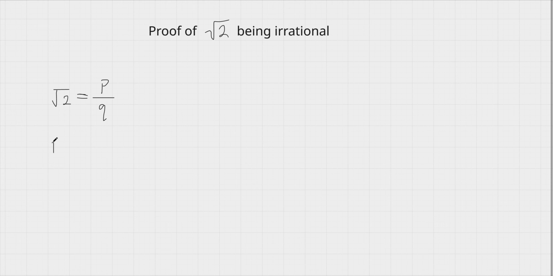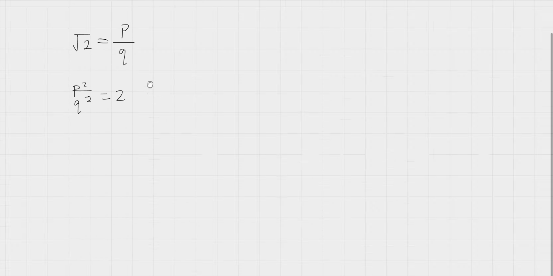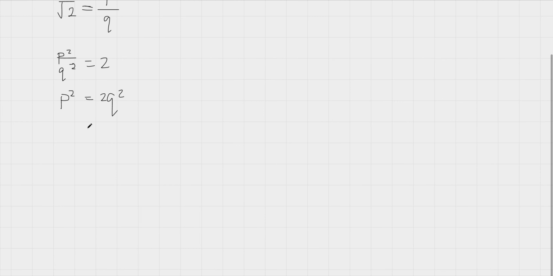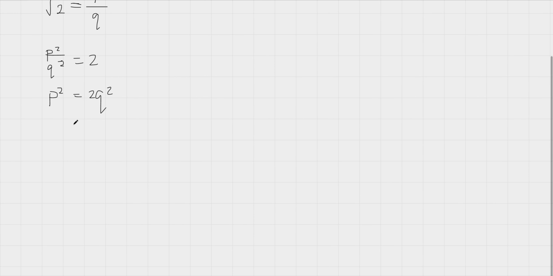Following that logic, p squared over q squared should be equal to 2, because that's the fraction squared, to the power of 2, and you get 2. Then you shift this over here: p squared equals 2q squared. Now let's think about what this means.